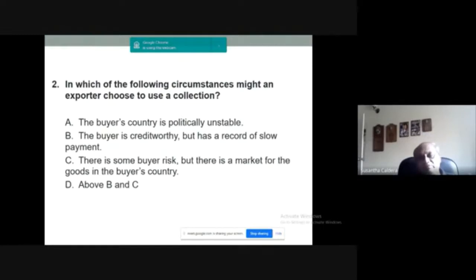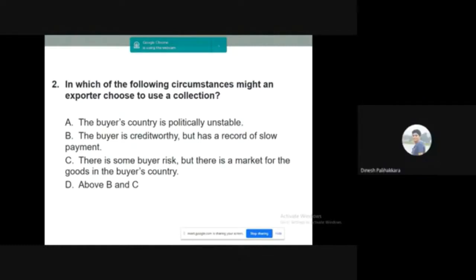Any other answers? Both B and C. Any other answers?